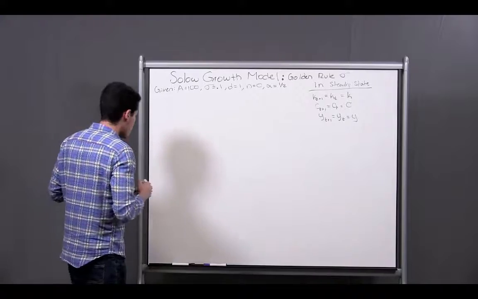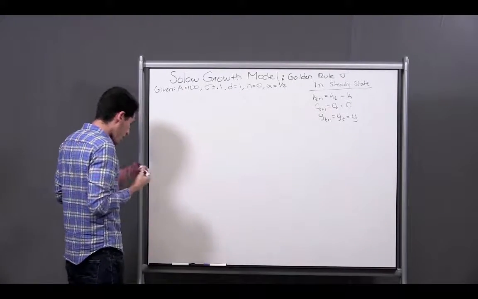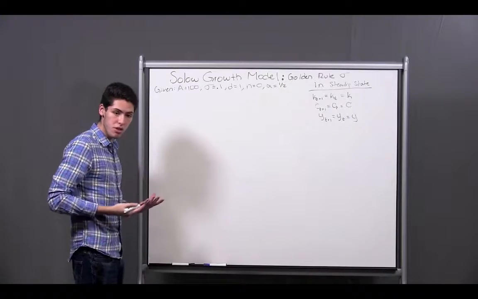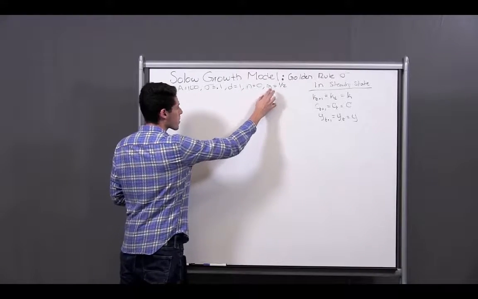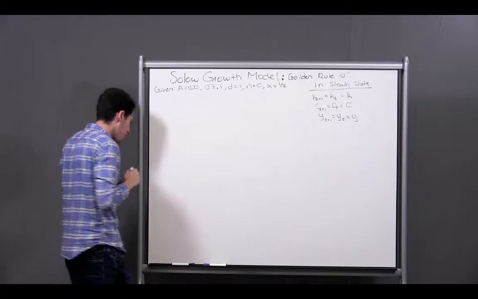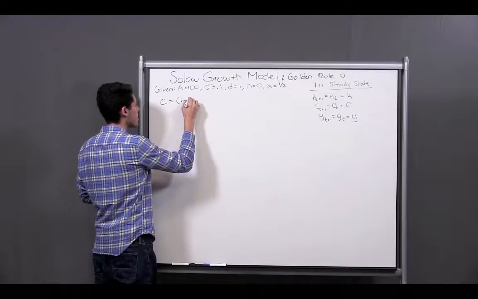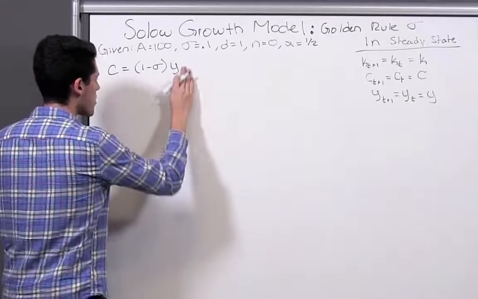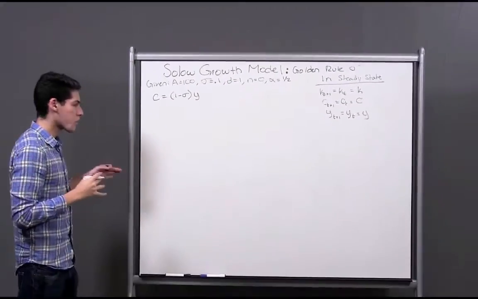So, using these same exact parameters as before, we haven't changed those, we're going to want to maximize our consumption function. After we put in all these values, we're going to try to find what sigma is when we maximize this function. Recall that our consumption function was 1 minus sigma times output, but we can't work with that at the moment.